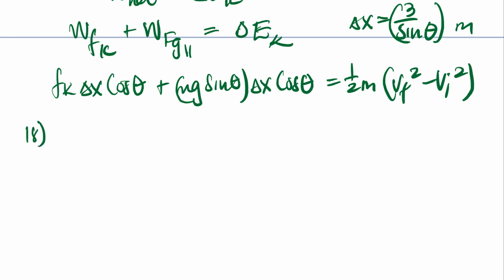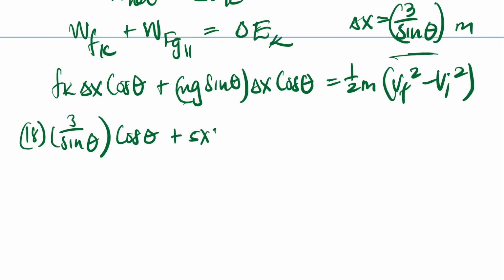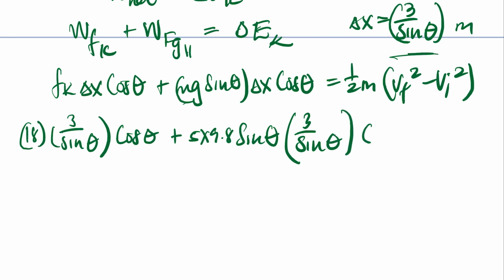So we'll have 18, which is Fk, and the displacement here is going to be 3 over sine theta, and then cos theta, plus the mass 5 times 9.8 sine theta, and then the displacement is 3 over sine theta, cos theta.